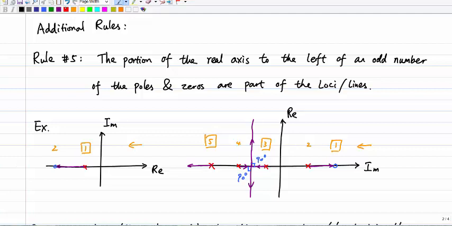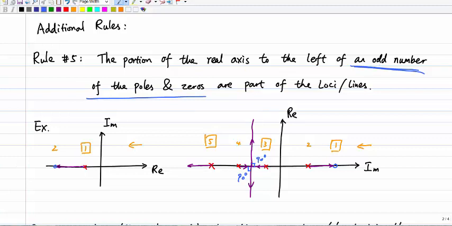First of all, an odd number of the poles and zeros. I'm going to draw all the poles and zeros on the real axis. For example, if I have this one zero, I'm going to draw all the poles on the real axis. What it says is to the left of an odd number, so we have to number them.